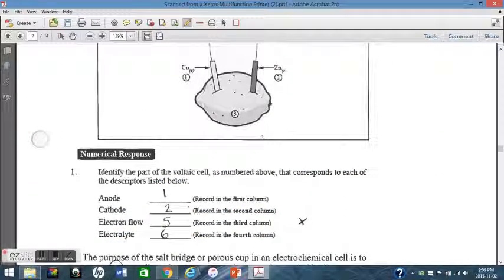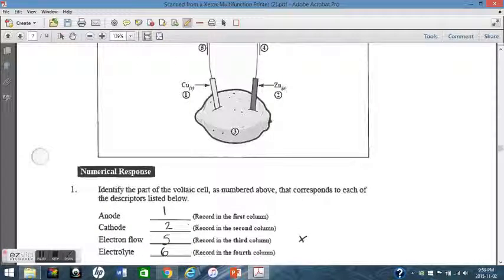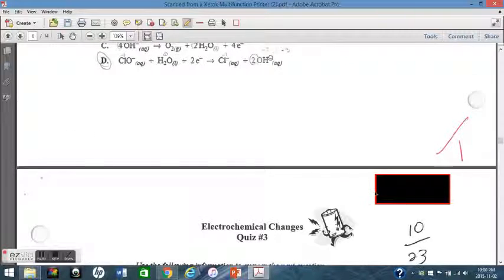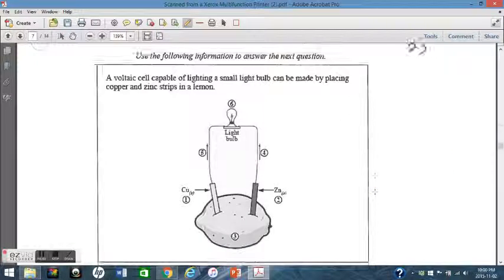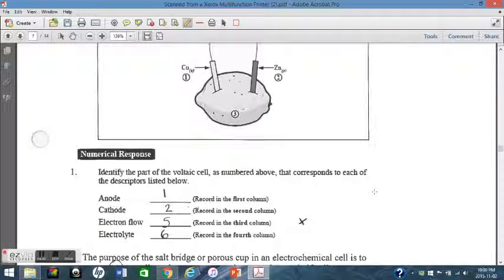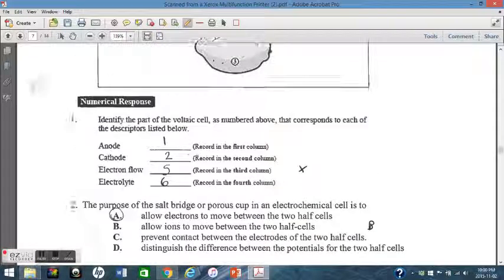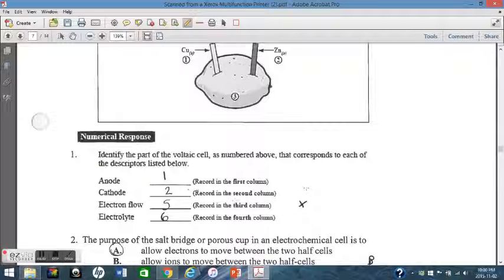Alright, this one here. Here's the thing you'll want to look at, and I'm not going to give you too many hints. I'll get you to look in your notes and make the correction on this one. In fact, on this particular second quiz especially, there's a lot more of the numerical response, and any of those ones that are incorrect, if you make the corrections, I will change the mark on those.